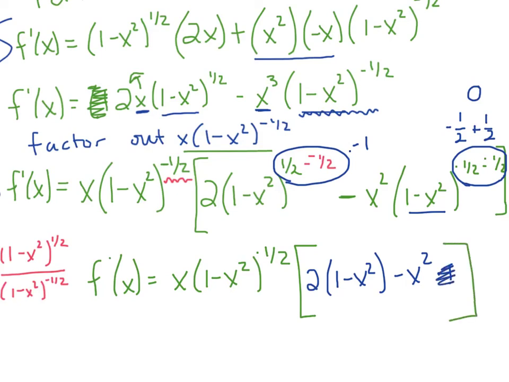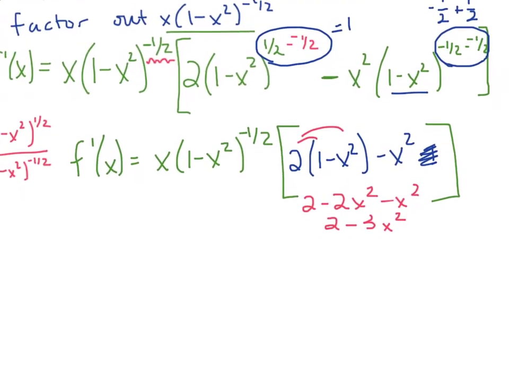So all of that goes away, which is nice because I'm left with this simplified version of what I had before. So going in and cleaning it up again a little bit more, what I'm going to do now, I'm distribute him in there. So I get 2 minus 2x squared minus x squared, and that becomes 2 minus 3x squared.